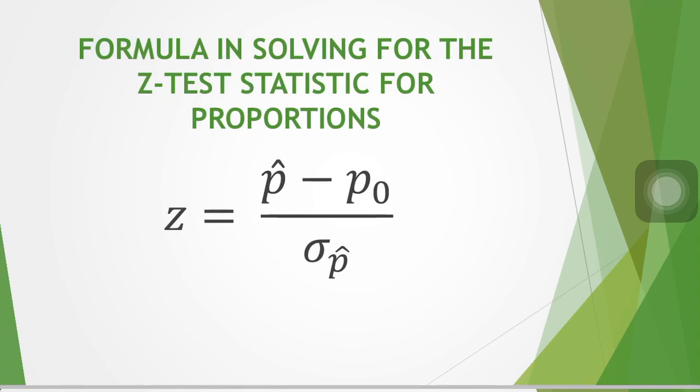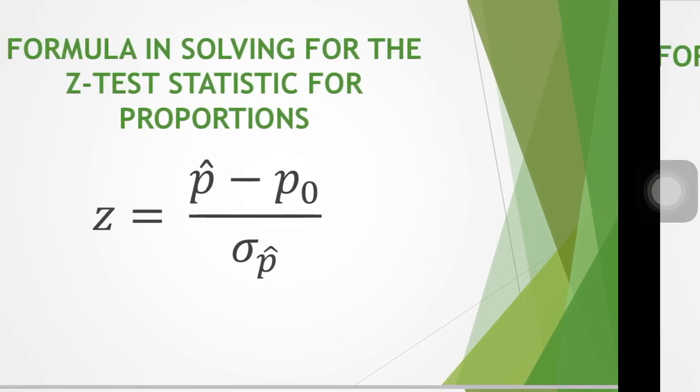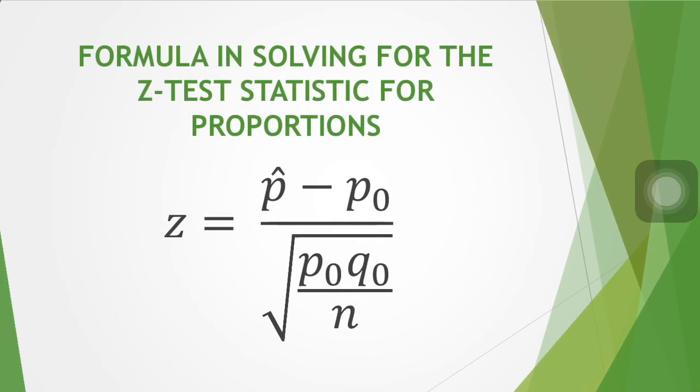Remember, there's a formula for standard deviation, and we convert it this way. So that's going to be p hat, the observed proportion, minus p sub 0, the hypothesized proportion, or what is being established, or the population proportion, divided by the square root of p sub 0 and q sub 0 all over n.